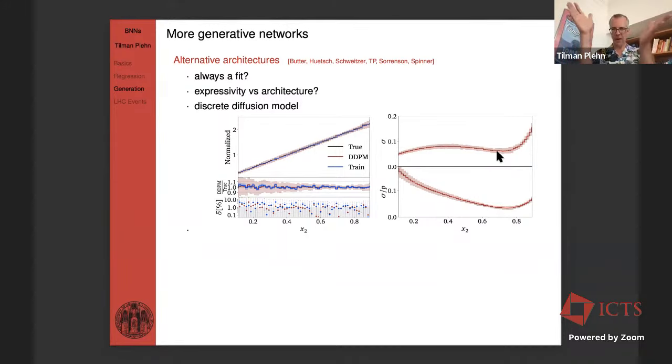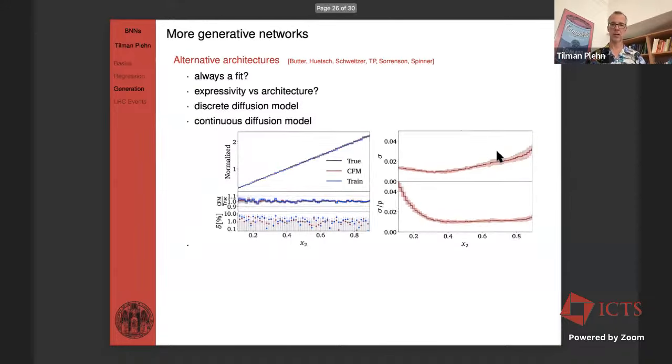And therefore, this very distinctive structure of a minimum at 0.5 gets washed out. So what it tells us, something that we also know, is that diffusion models work a little similar to normalizing flows. However, their functional form is more flexible, probably. The expressivity is higher.